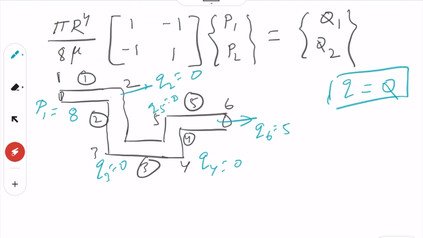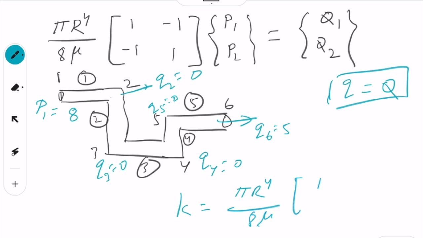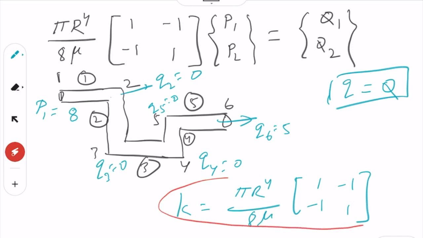The small k element stiffness matrix equals pi r^4 over 8 mu, times the matrix [1 -1; -1 1]. Once you know the stiffness matrix for one element, the rest is assembly only, the way we have been doing. Now let's look at other problems as well.